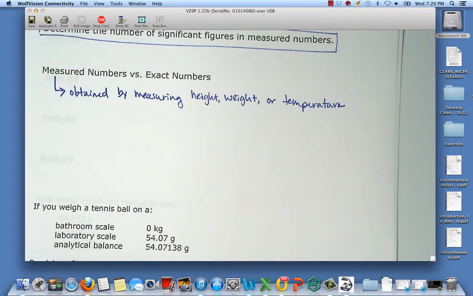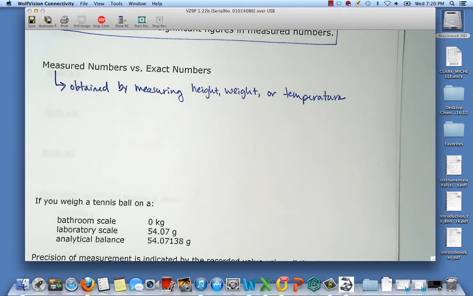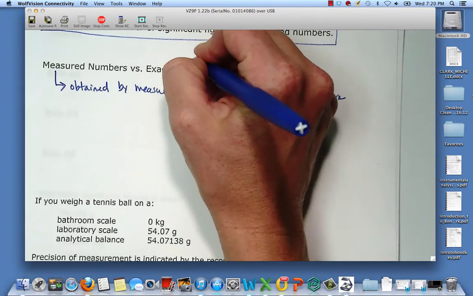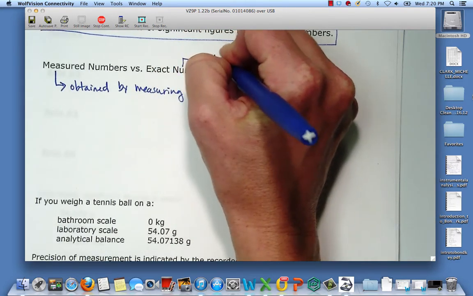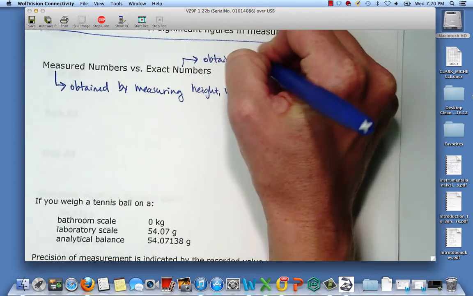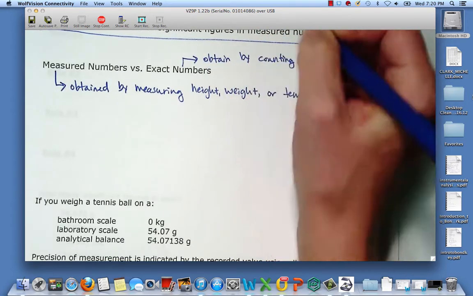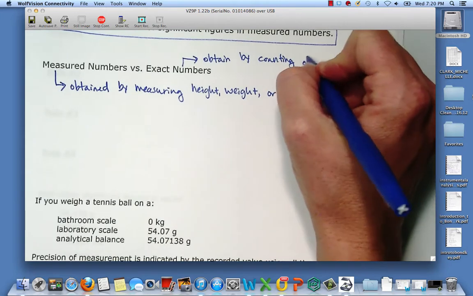Exact numbers, you don't have to measure anything. You obtain those by counting objects.